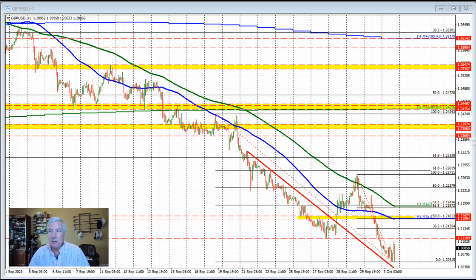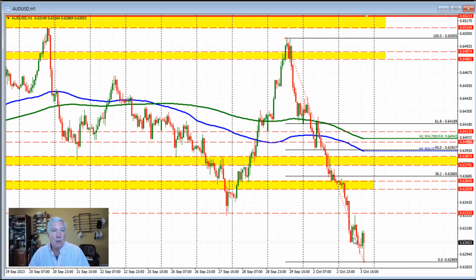The Aussie versus US dollar moved lower after the data as well to 0.62869 on the dollar buying, but it too has seen a bounce higher. The Reserve Bank of Australia kept rates unchanged, and that helped. Well, the market was moving down even before then, but it pushed the price below the low price that we saw last week near the 0.63315.